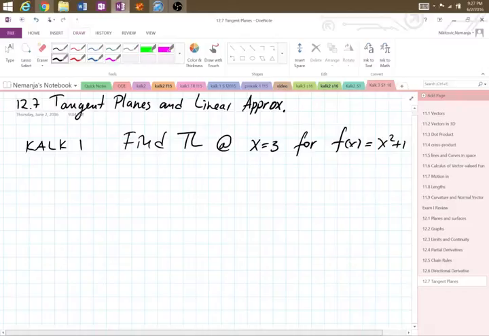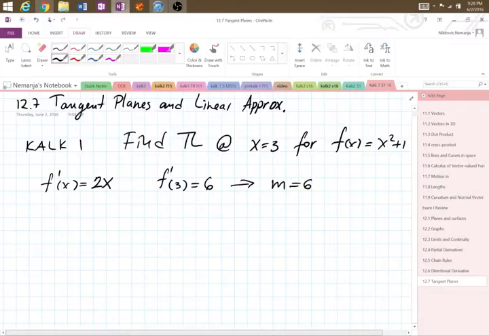So what we do is we find the derivative first, which in this case is 2x. Then we compute that derivative at point 3, and we get 6. And that is the slope. So slope is 6. Then we compute f of 3, which is 10.